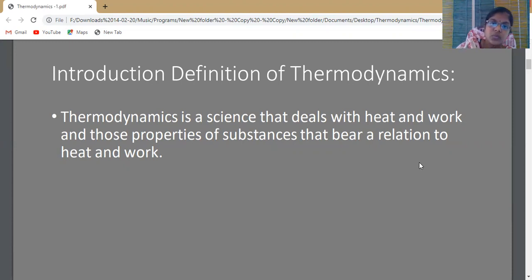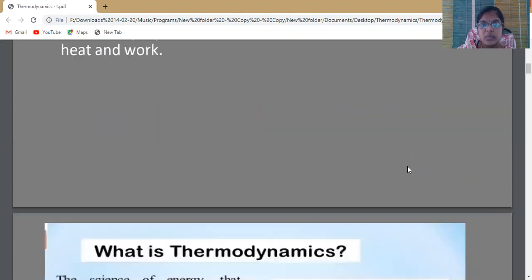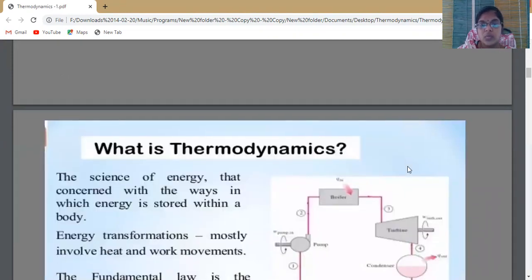What does the law of conservation of energy say? Energy can neither be created nor destroyed, but it can move from one place to another, and it can be transferred from one form of energy to another form of energy.